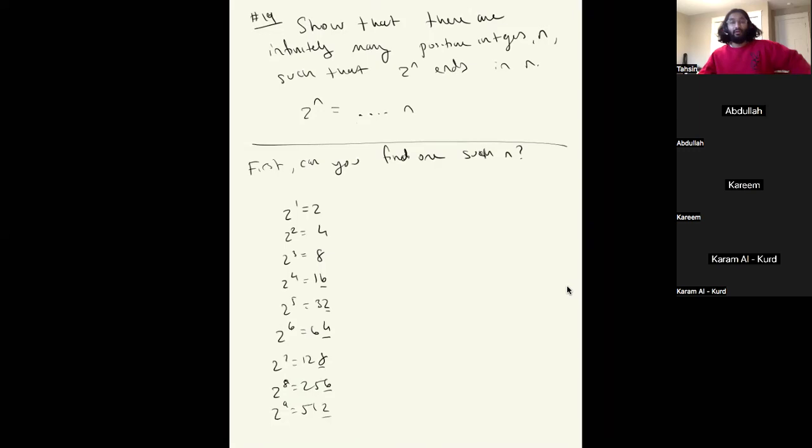So actually, all of the one-digit numbers fail. 2 to the n does not end in n. So any ideas what to do from here? There's no easy solution, is all I'm going to say.